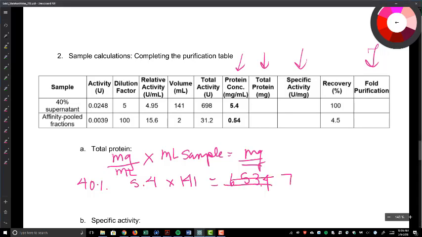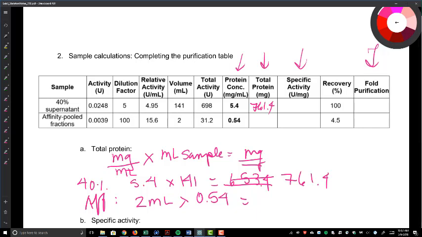Stupid iPhone calculator. 761.4 milligrams. Now for the affinity, that would be 2 mLs times 0.54, 1.02 mgs.